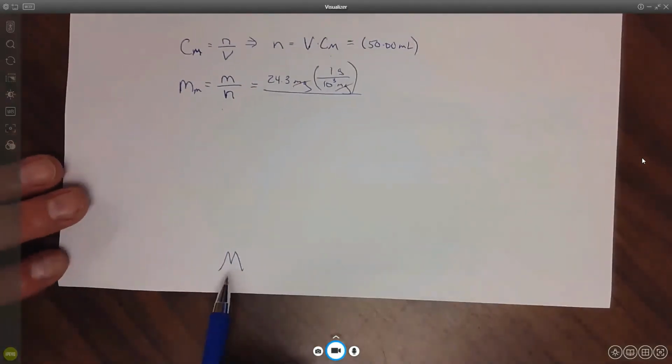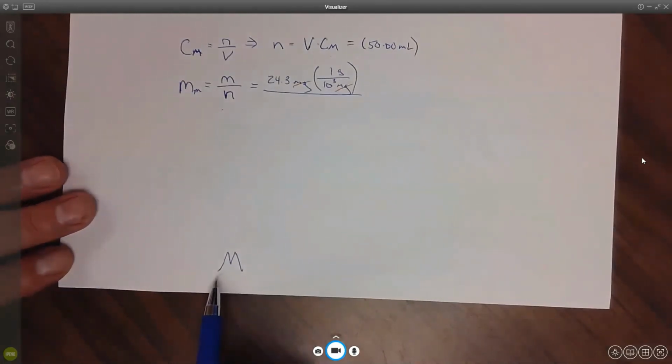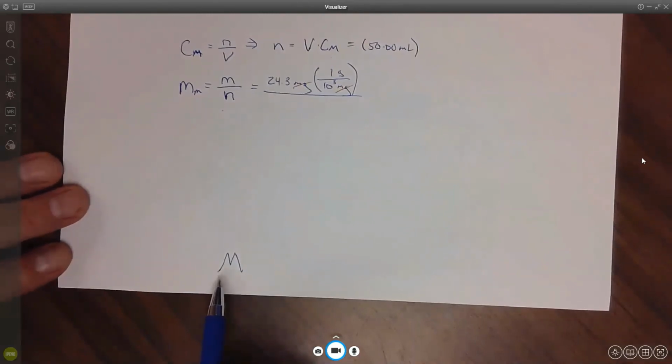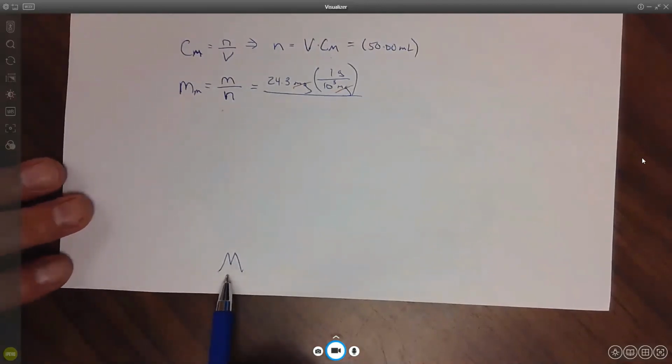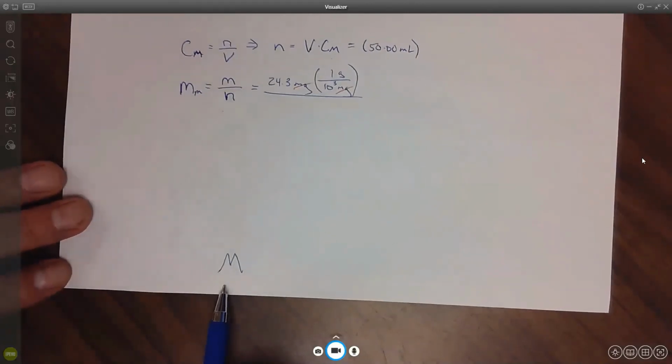But Jada, what does that big M represent in SI units? What are its units? I mean, this is a unit itself. Big M is a unit, but it also represents something so that we don't have to write everything out. So what are the units for molarity?